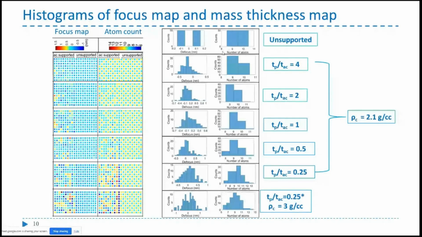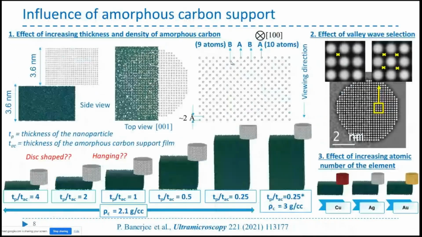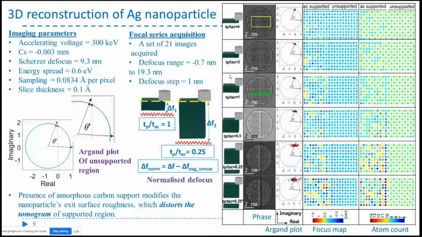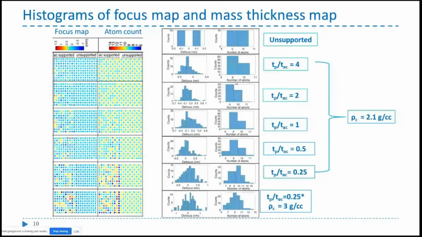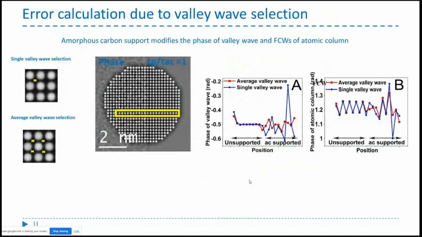In the unsupported region, it's showing only 9 and 10 atoms, and there is a defocus change of -0.1 and +0.1. If you see the structure here, it shows the same thing. But as you increase the carbon film thickness, both are getting diffused. And if you compare this one with this, with more density of carbon, you see this is also changing a lot.